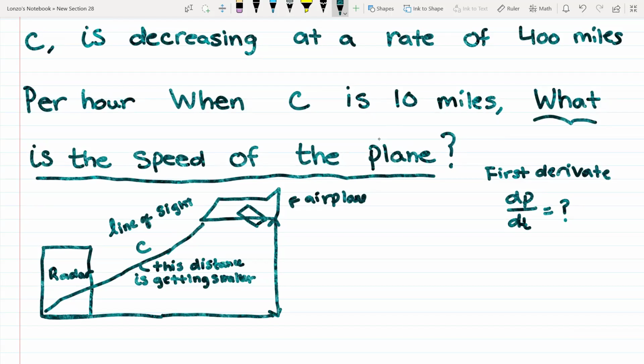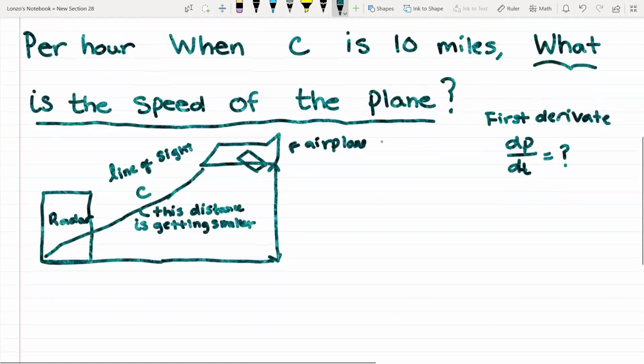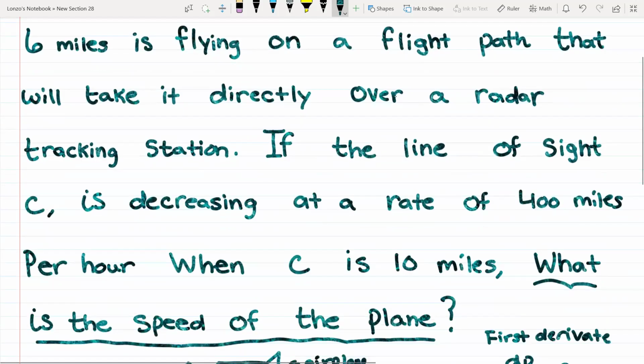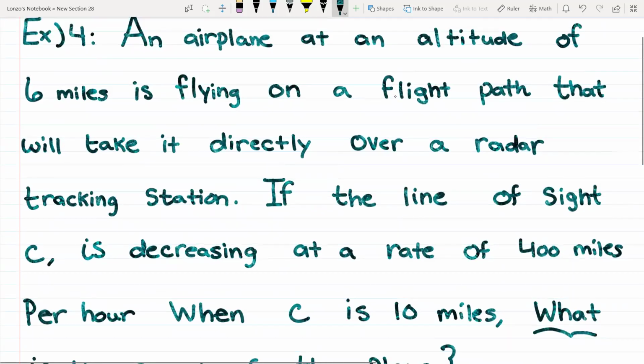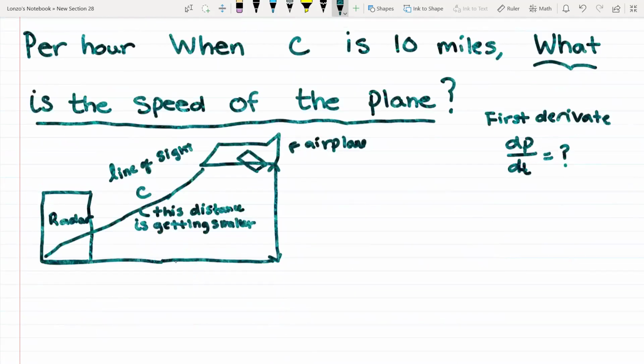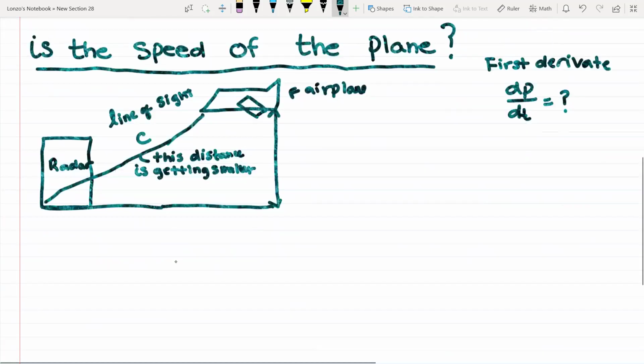Here's the radar, and let's write down what we have. It says an altitude of 6 miles, flying on a path. So what does this form? It forms kind of like a rectangle, right? So this image forms a rectangle, or in our case, two right triangles.